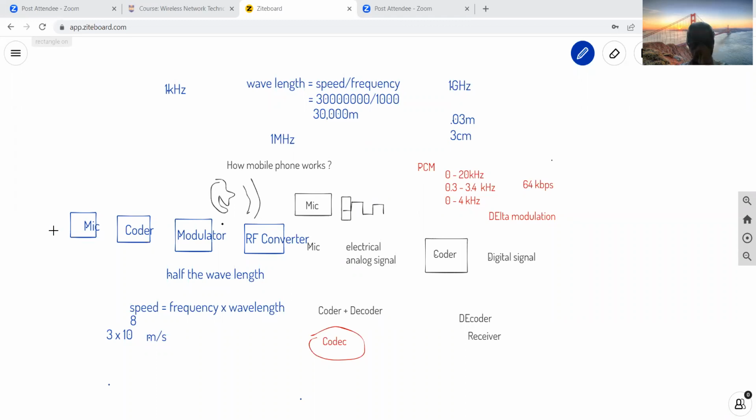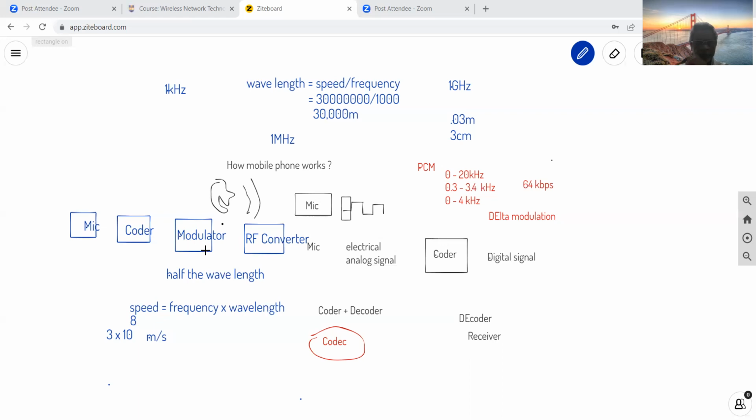So in a mobile phone, you have these things: microphone, coder, modulator, RF converter. Then at the receive end, you have the reverse of the coder, called the decoder. Coder and decoder together are called the codec. At the receive end, it does the reverse of modulation, called demodulation.